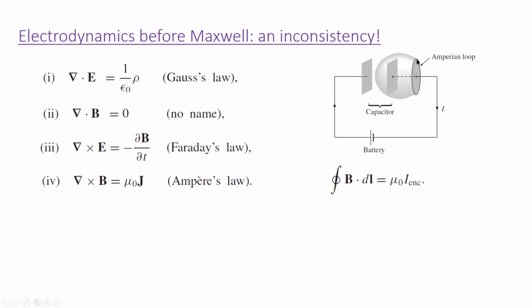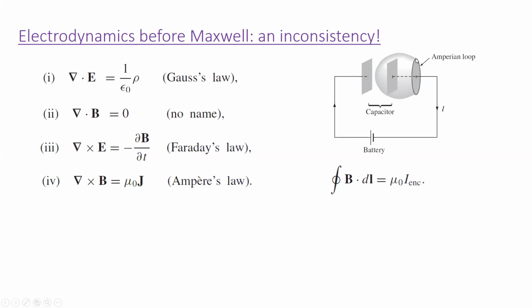So if we make our line integral around this surface here, then the current breaking through that surface is just the current in the wire, and so we do get a circulating magnetic field. However, there's nothing in the mathematics which says that the surface bound by the Amperian loop has to be the interior of the surface.